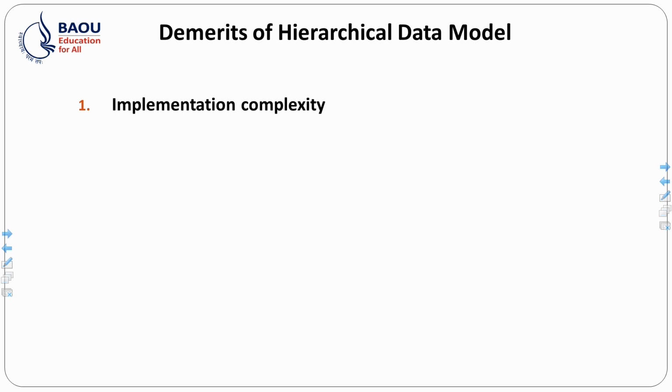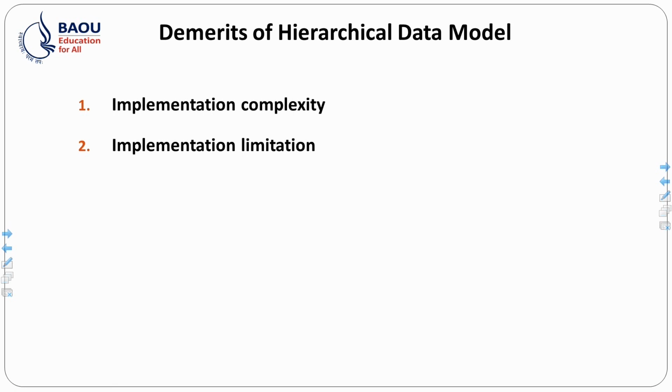Then and only then can we implement this model. Now the next is implementation limitation. It can have only one to one and one to many relationships between the nodes. It is difficult to represent the many to many relationship. It is not permitted to have more than one parent.